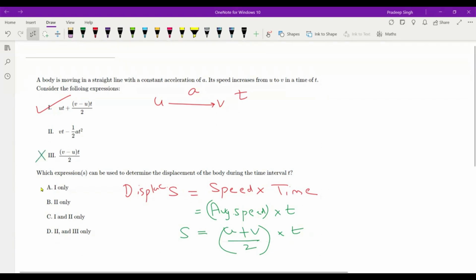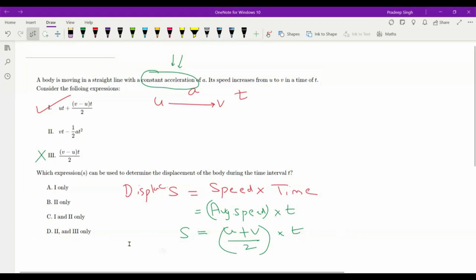So can we use this? Yes, of course. But you need to be careful. Again, this will be only valid if the acceleration is constant, which in this case it's clearly given. Although you can use it, I would recommend not, because some questions, if they give you acceleration is not constant, then this won't work. Okay, sir.